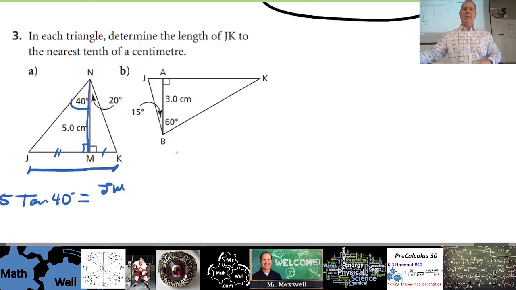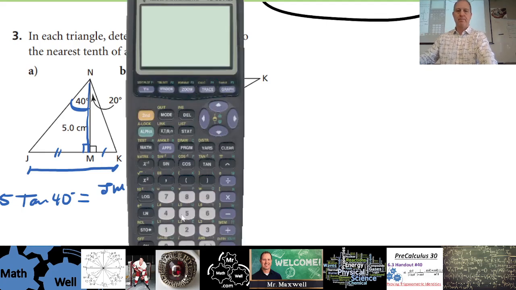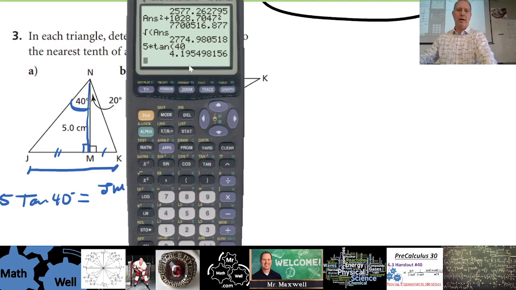Okay, so in number 3 in your assignment here, we're going to find out JM first, and then we're going to find MK second, and that's going to give us the entire length of the bottom side. So opposite of 40 is JM, the adjacent is 5, so this becomes 5 times tan 40. That's 4.195.